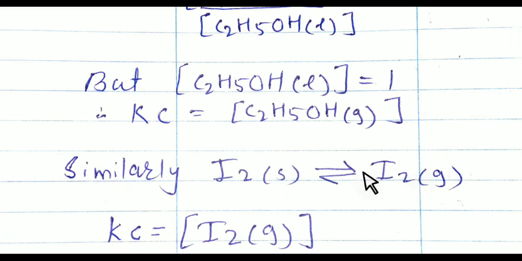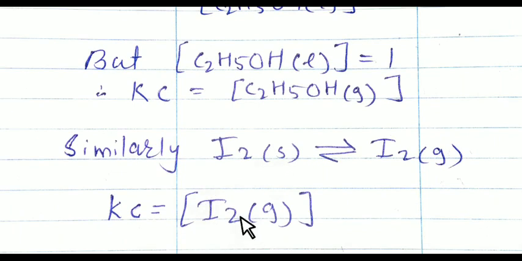So for this reaction, what is the formula of Kc? There is no use of solid, because solids are pure substances with unchanging concentration. So Kc is equal to the concentration of I2 gas. So this is the topic, equilibrium constant for heterogeneous equilibrium.